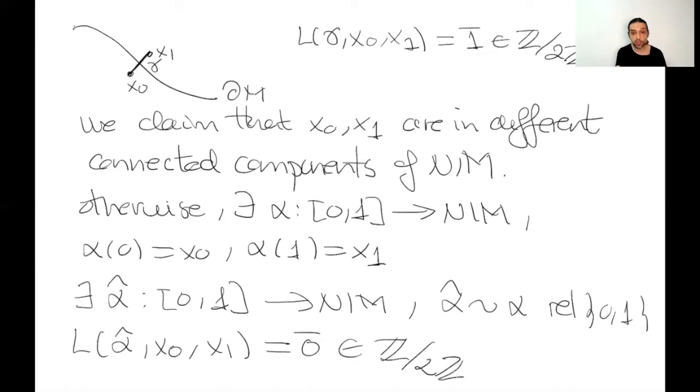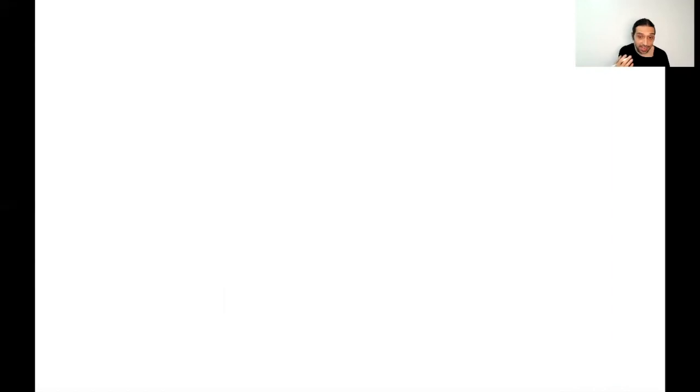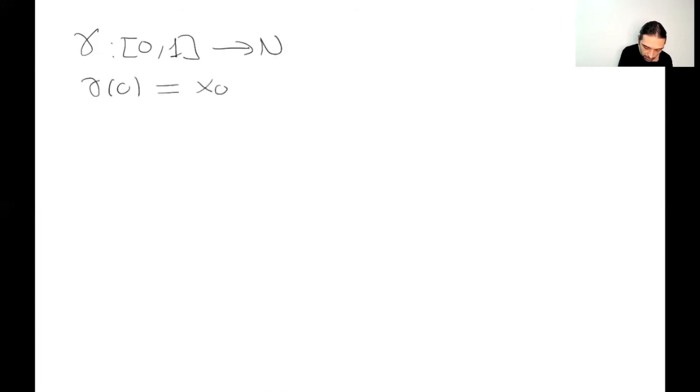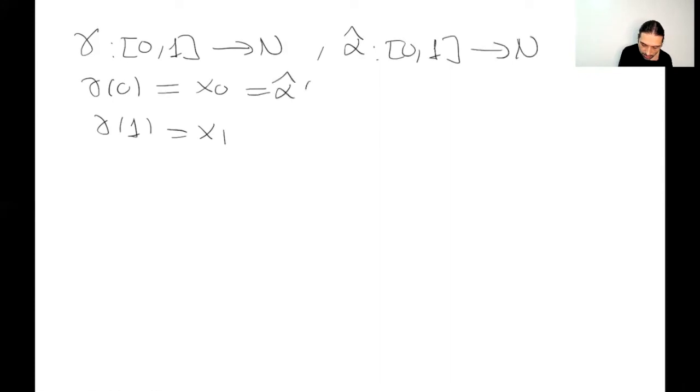But that's going to provide a contradiction because now we are going to use finally that N is simply connected. We have gamma, which is a path in N such that gamma of 0 is equal to x0 and gamma of 1 is equal to x1. And we have a path alpha hat also in N that satisfies that the initial and final points are the same.